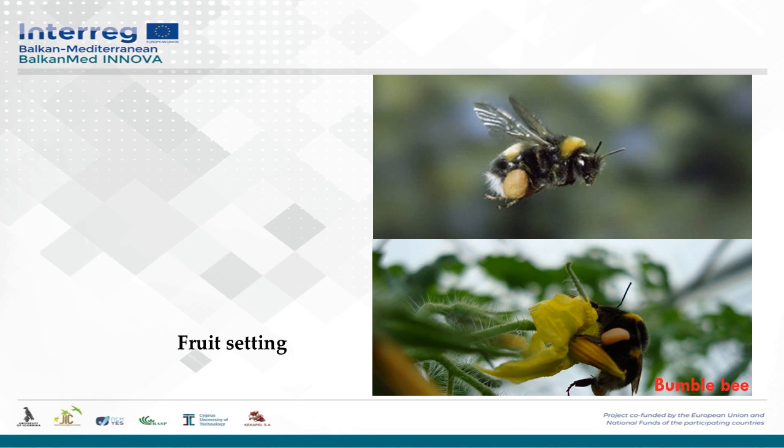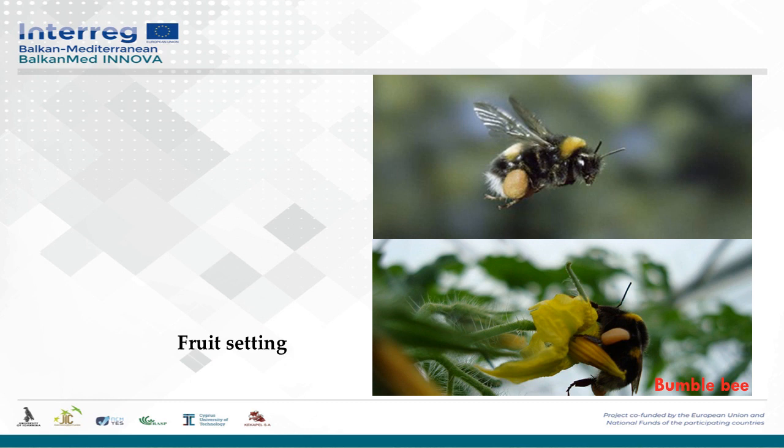Well, we know that the tomato plant has a lot of solanins, and because of that it is bitter, and due to the bitterness there are not many insects which can visit the tomato flowers, and this is a problem. This makes a specific problem for the natural pollination of tomato flowers.